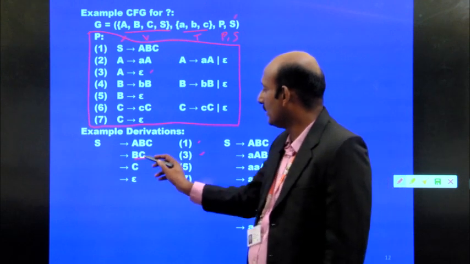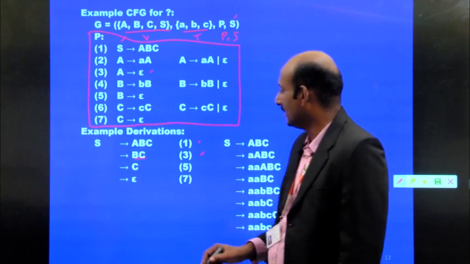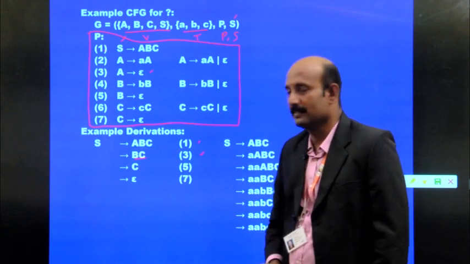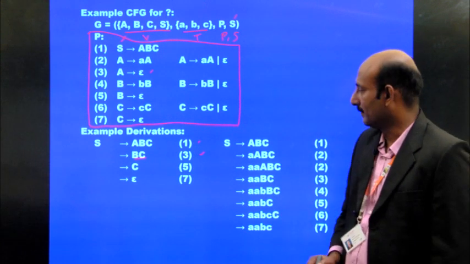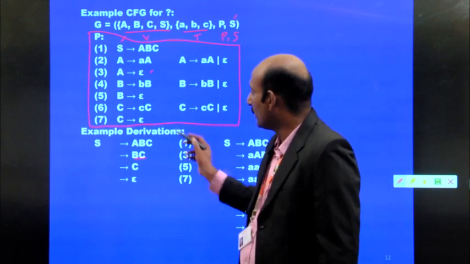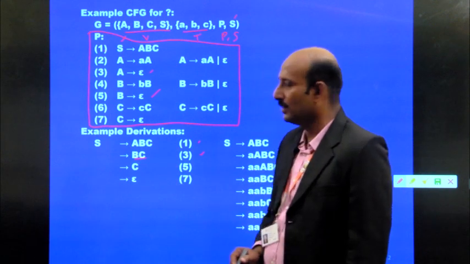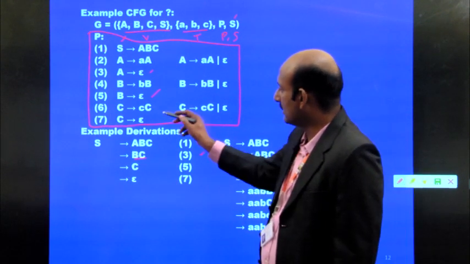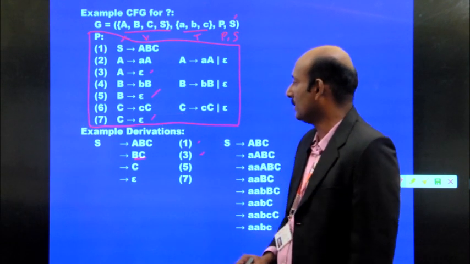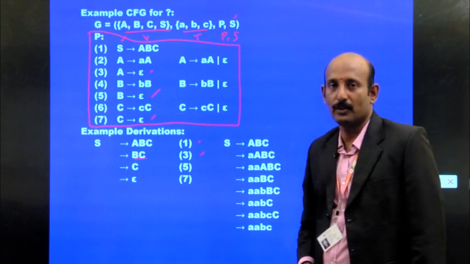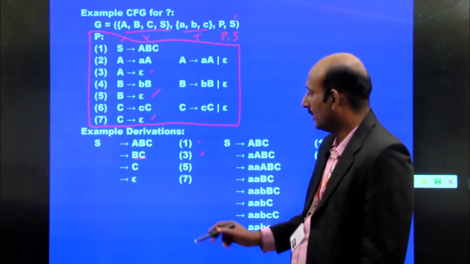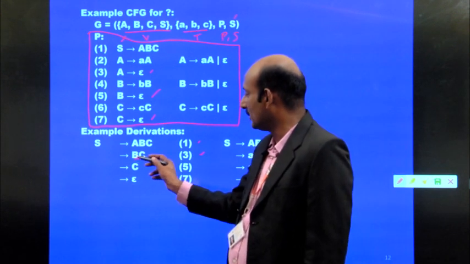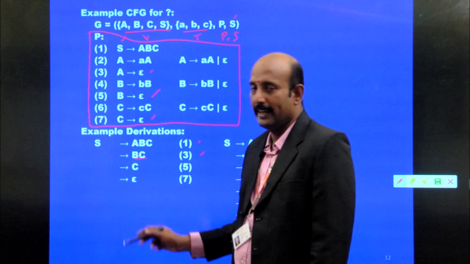We substitute the epsilon here, then we may get BC. Likewise, by the fifth rule B also produces epsilon, and C also produces epsilon as per production rule number 7. So, we can replace B and C by epsilon.